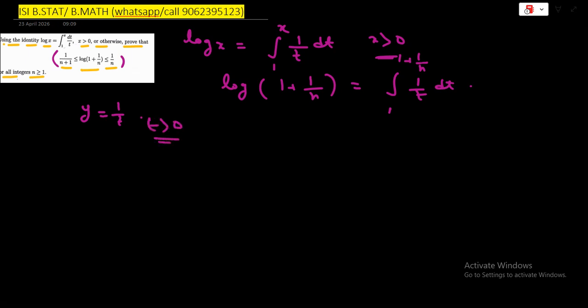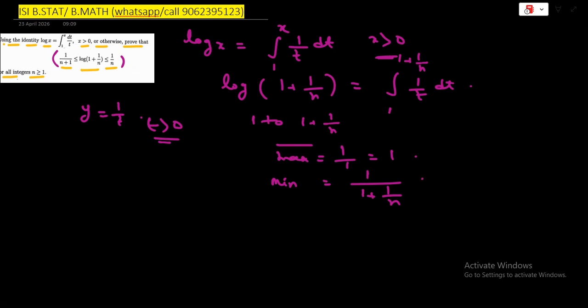Think of 1 by t as your motivation level after examination. It starts high, then slowly decreases. So we are integrating from 1 to 1 plus 1 by n, and since the function is decreasing, the maximum value in this interval is 1 by 1, that is 1, and the minimum is 1 by 1 plus 1 by n.